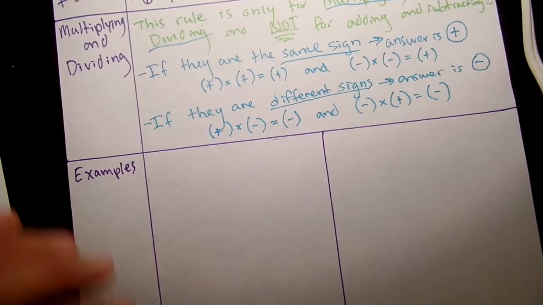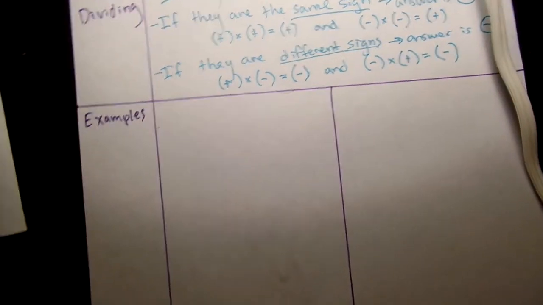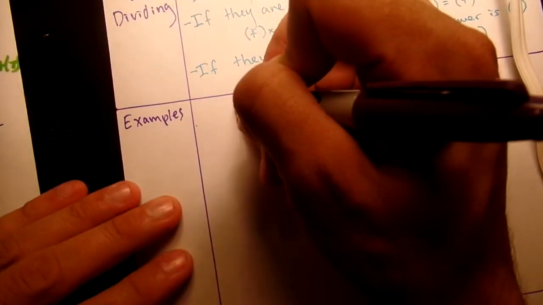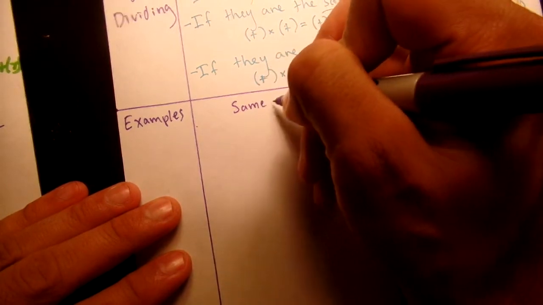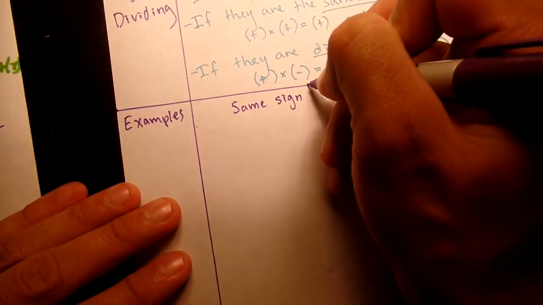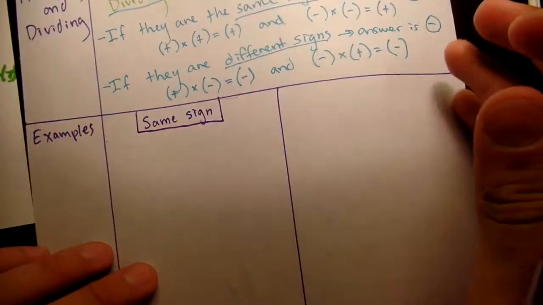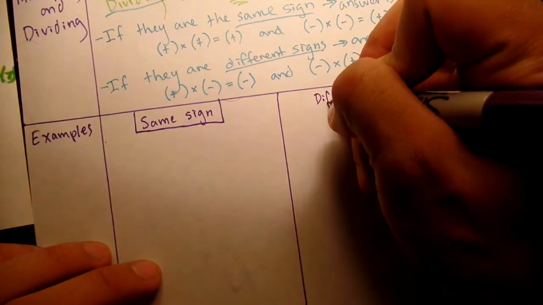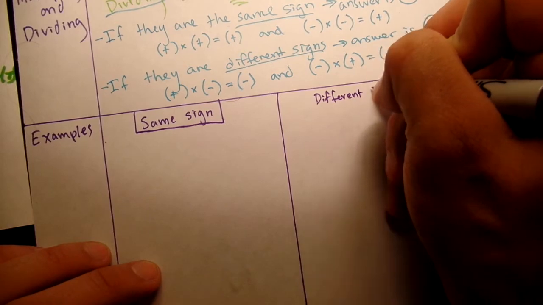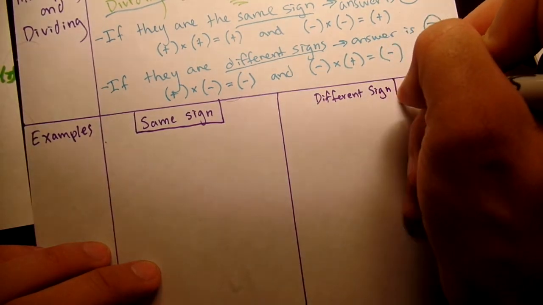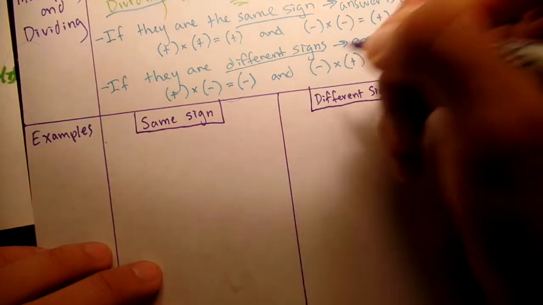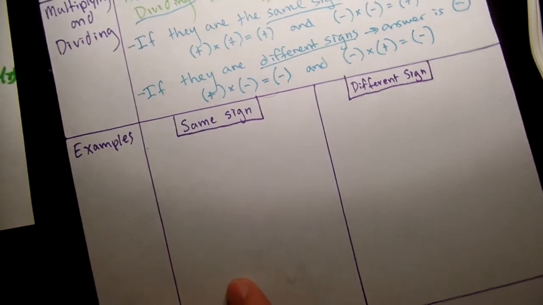The left side here, we're going to look at if they are the same sign. Okay? And the right side, if you can guess it, different sign. So let's start with same sign.